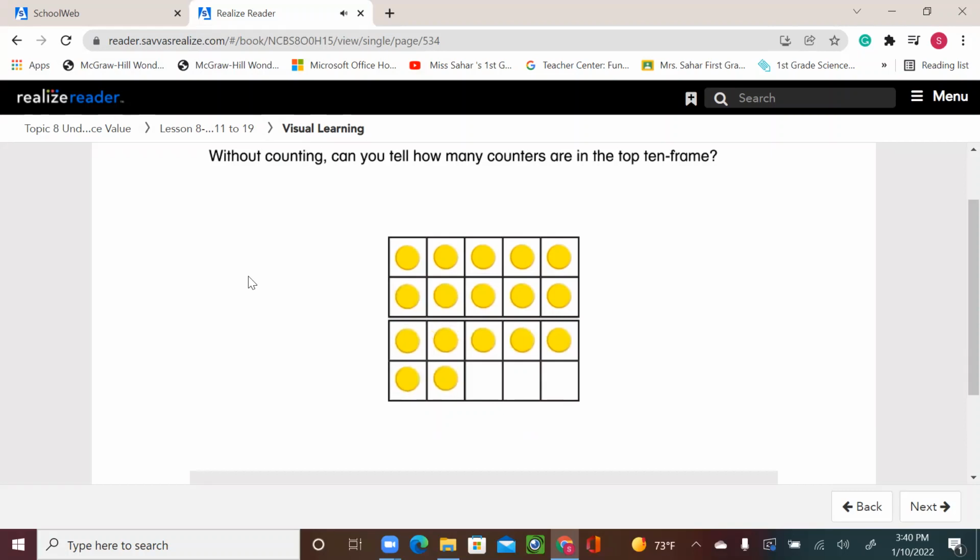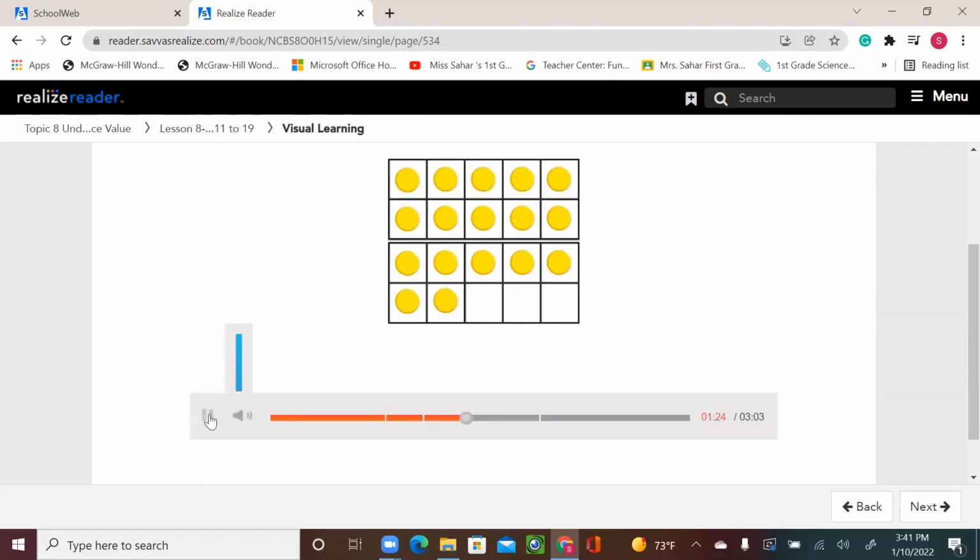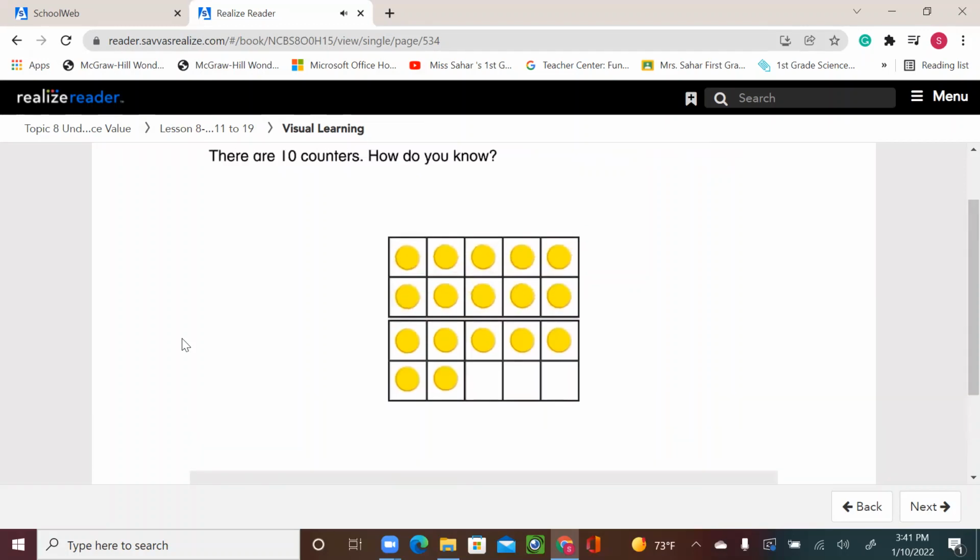Without counting, can you tell how many counters are in the top 10 frame? Yes, I will look at the 10 frame, then I see that there is one counter in each box. And since I know it's a 10 frame, that means I have 10 in the first 10 frame. There are 10 counters. How do you know?